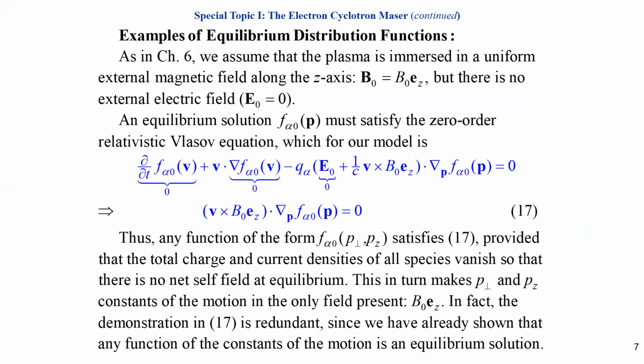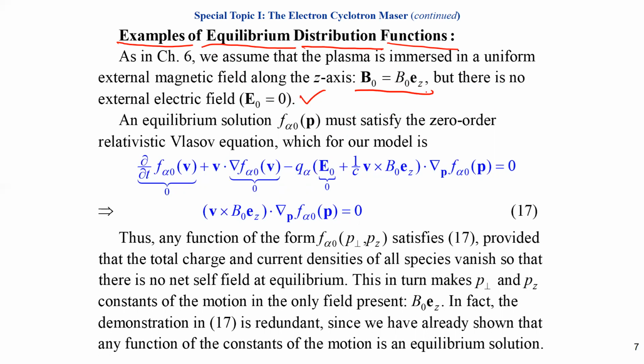Examples of equilibrium distribution functions. As in chapter 6, we assume that the plasma is immersed in a uniform external magnetic field along the z-axis. Okay, magnetized plasma, but there is no external E field.